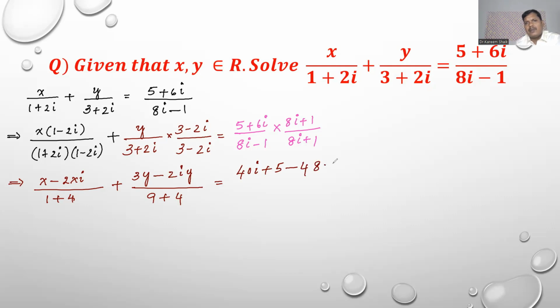6 iota into 1 plus 6 iota upon (8 iota) whole square. That means 8 square is 64, iota square is negative 1, so negative 64 minus 1.